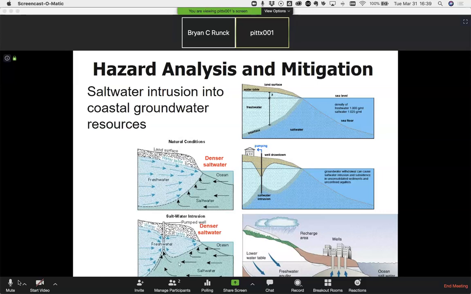We see that in the lower left-hand diagram, where the freshwater well was sunk into the underlying aquifer. The aquifer was pumped for a long period of time, and it began to draw the salt water from the ocean into the freshwater well.